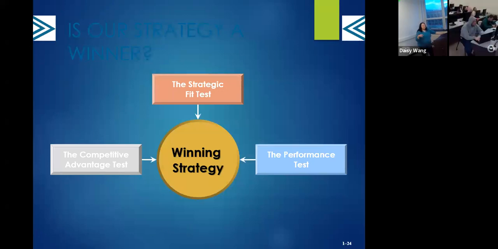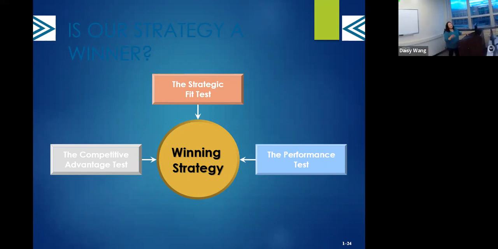And whether or not our strategy is a good strategy, we need to look at whether there's a strategic fit. Whatever you do, does it fit your main strategy, like low cost or differentiation? And whether or not we have the competitive advantage.